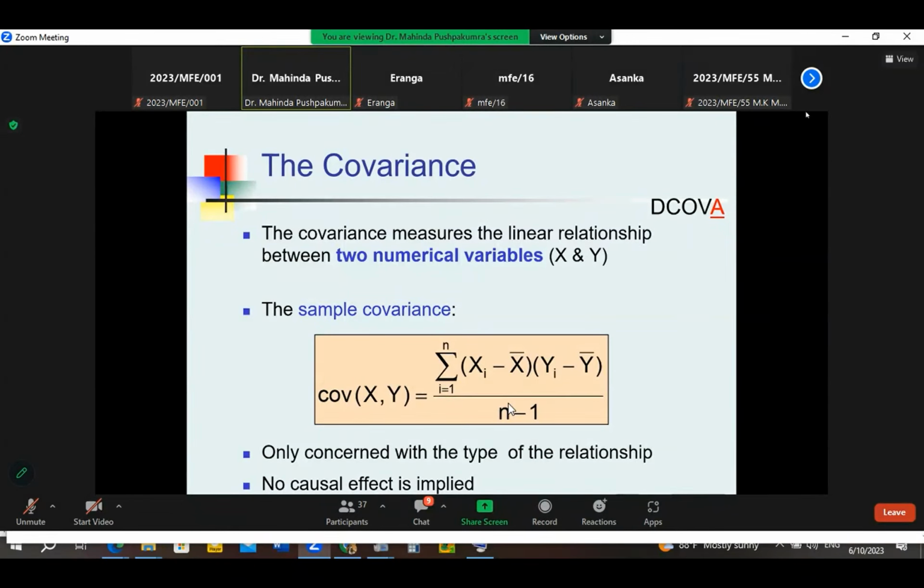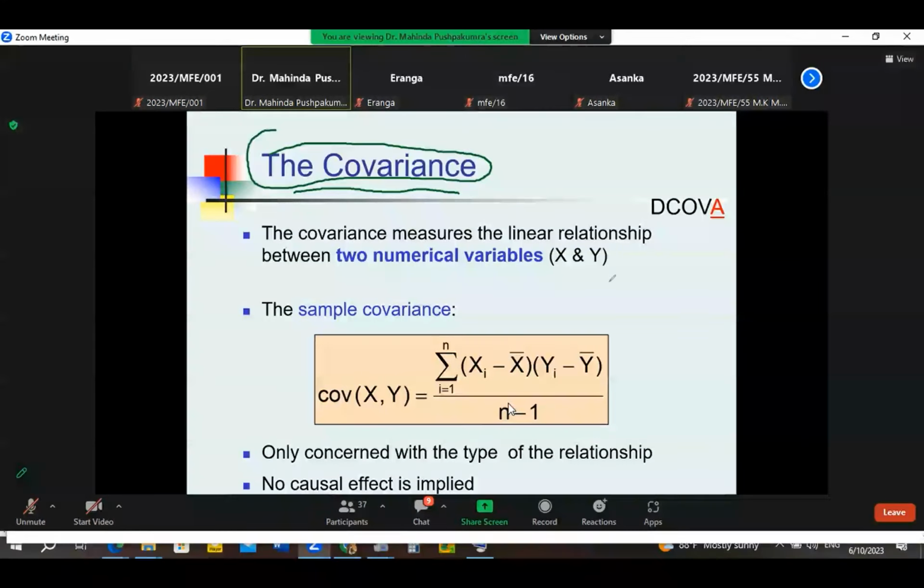Then we will move to another very important concept, which we call covariance. Covariance measures the linear relationship between 2 numerical variables. That means this concept helps you understand the relationship between 2 numerical variables.